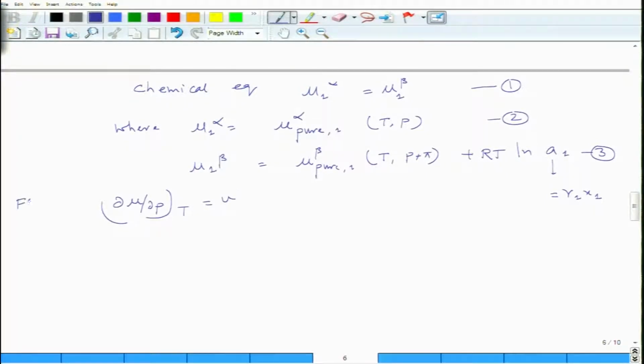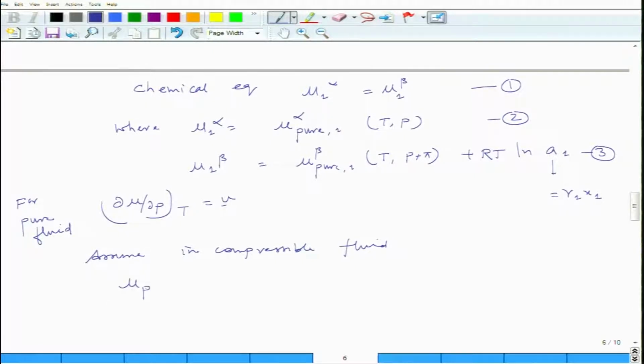This is for pure fluid. Okay. Now, assume incompressible fluid, then I can expand this considering V is equal to constant.